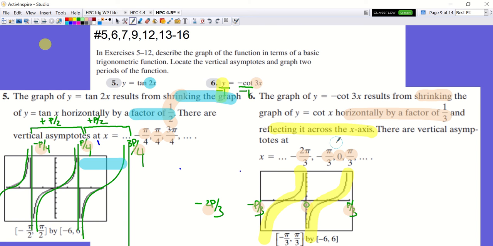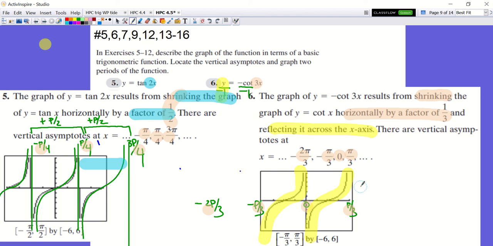Remember this minus sign right here. This minus sign is going to be moved over to the y side. So the order of transformations is going to be, we're going to shrink horizontally by a factor of 1/3, and then reflect it across the x-axis.